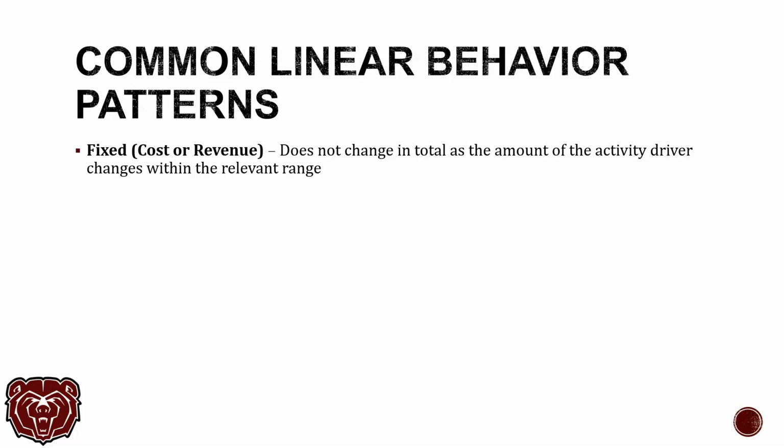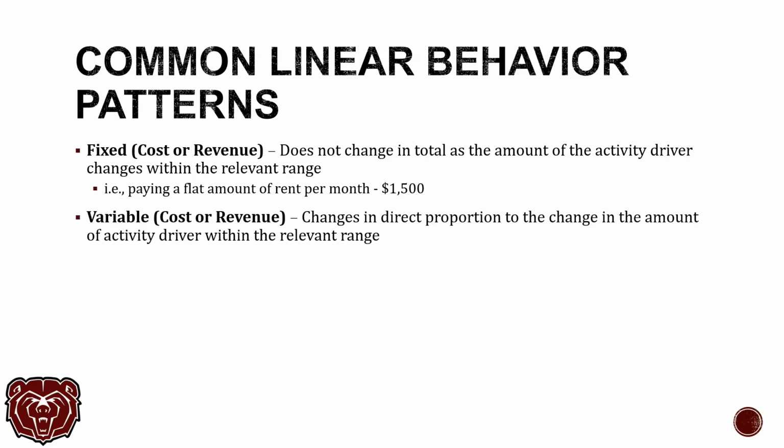What this means is that as your activity driver increases, as let's say the number of units you produce increases, your fixed cost remains the same. It does not change. An example of this would be paying a flat amount of rent per month. $1,500, that's your rent every month. It's not going to change.